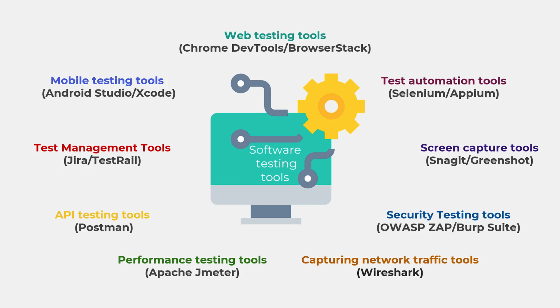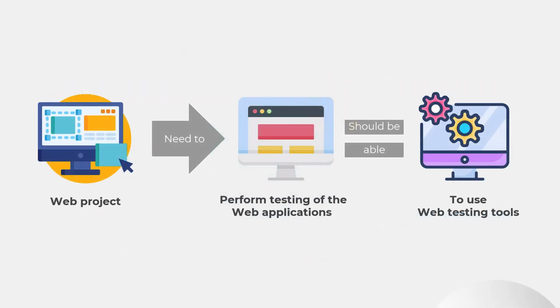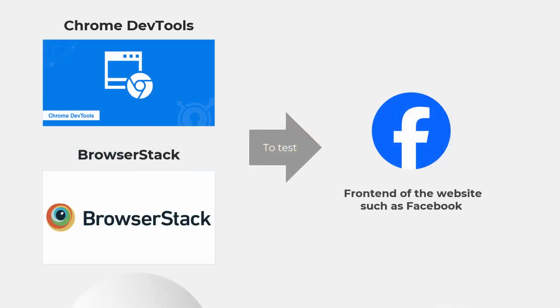There are many testing tools available for each type, and their use depends on the specifics of the project. If the project includes web usage, you need to perform testing of the web application, and for this reason you should be able to use web testing tools. For example, knowing how to use web testing tools such as Chrome DevTools, BrowserStack to test the front end of the website such as Facebook.